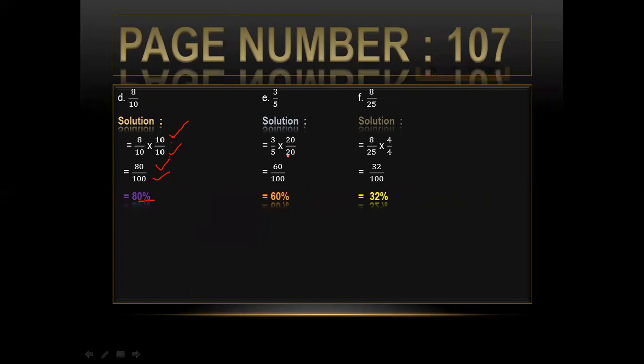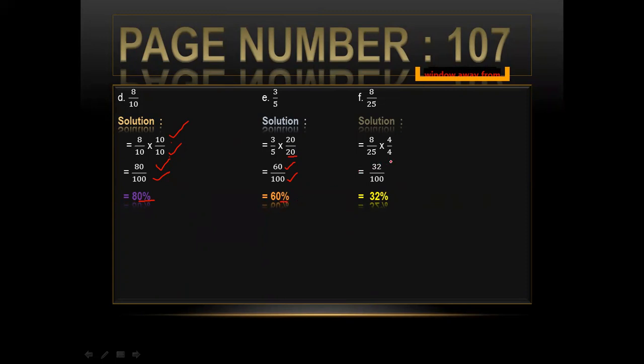To convert 5 into 100, we multiply it with 20, both the numerator and the denominator. 60 over 100 and 60% will be our required answer.